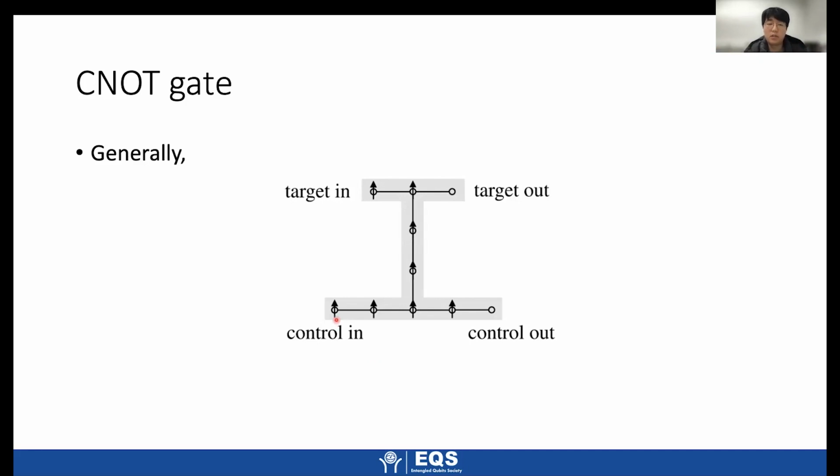So using the information propagation, we can generally construct a CNOT gate using this configuration. And well, the detailed operation would be different, but basically it would be the same. We use the measurement output to make our target state.